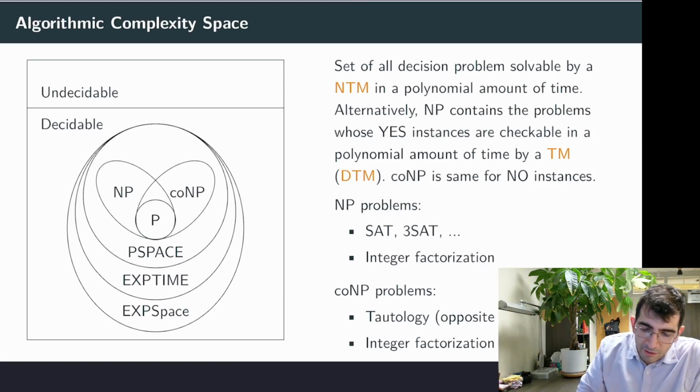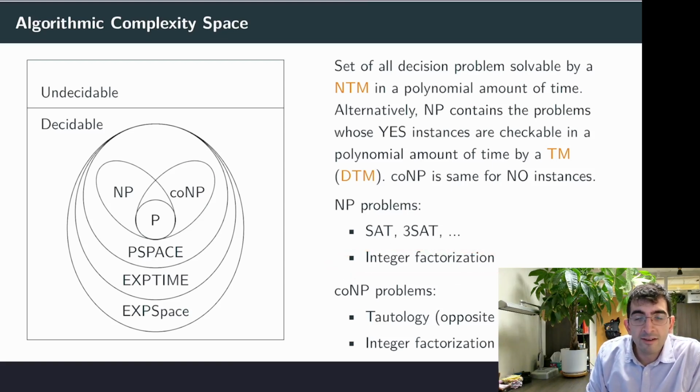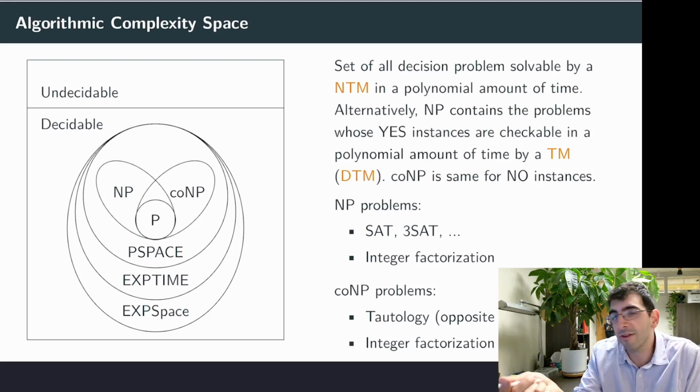Okay, so with integer factorization, the yes case, that there is a factor for this number n, is checkable because someone could just give you the factor and you could calculate n divided by this factor.